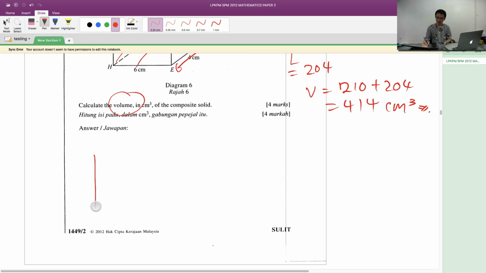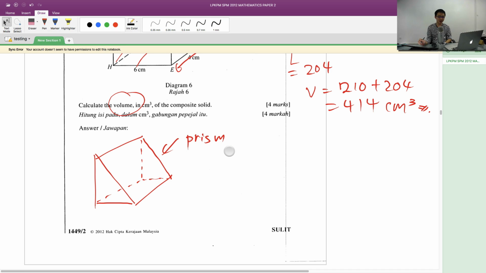So let's say a prism is not necessarily a trapezium. I can have a triangle pattern. Let's say I have two identical triangles and then I connect them and I will form a prism. This one we call a prism. Cross section means they have the identical area. So in order to find this volume, first you have to find one of the identical areas and then you multiply the length here.